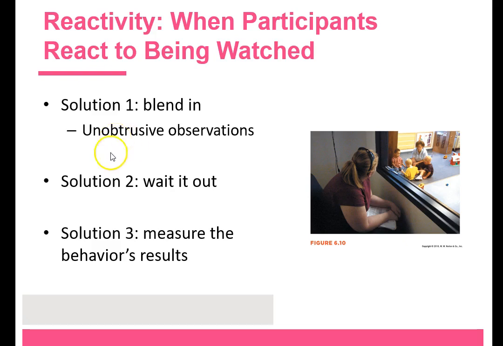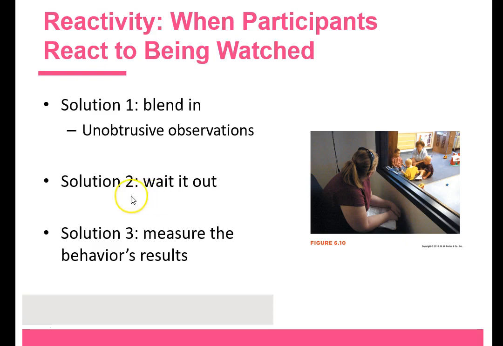So that's great. Solution 2 is wait it out, meaning that over time, people's reactivity decreases. So initially, when people know they're being observed in a research study, they may change their behavior, but over time, they tend to go back to their regular behavior.